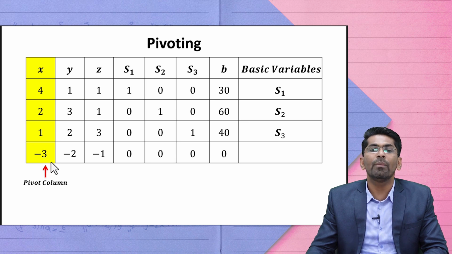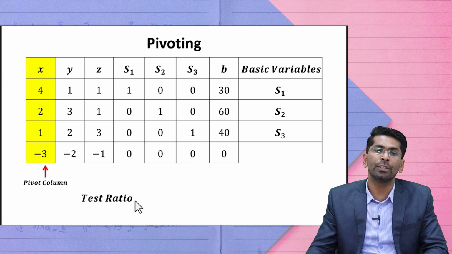Once the pivot column is fixed, the next step is to find the pivot row, which can be found by dividing the b values of the linear constraints by their corresponding values from the pivot column. Then we will get the test ratio. So here we are going to calculate the test ratio. The b value 30 divided by the corresponding value in the pivot column, that is 4.